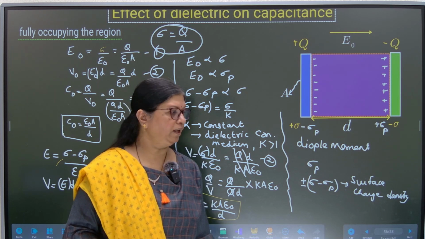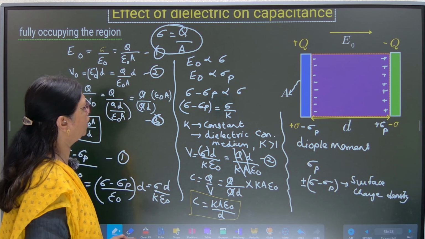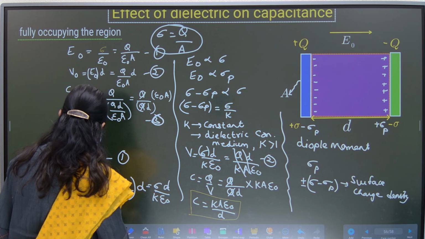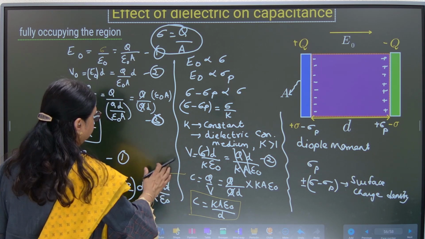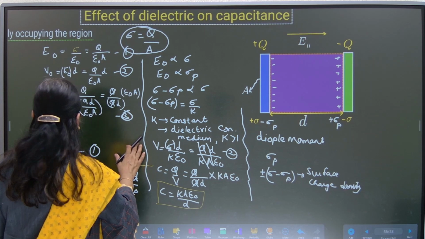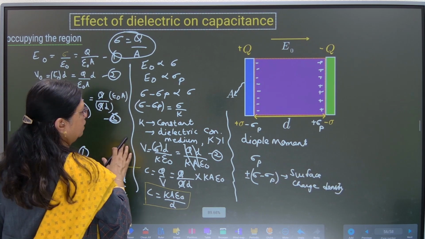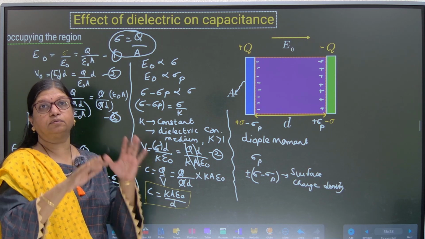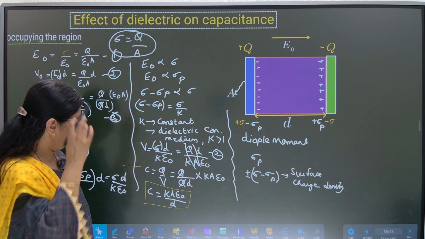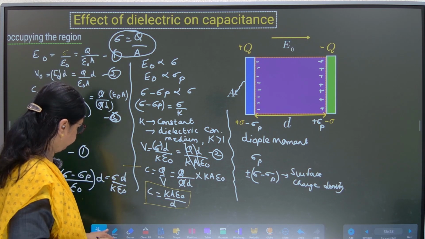Agreed? Okay. Now, small extra things we can add up here. I'm just shifting this board one side so that we can finish the whole page in one shot. Fine.